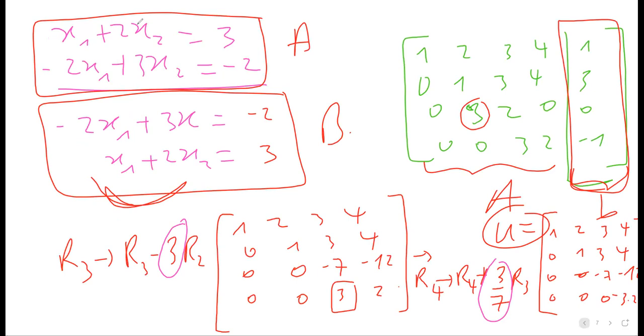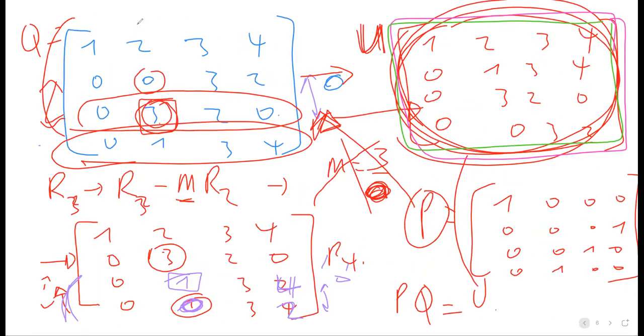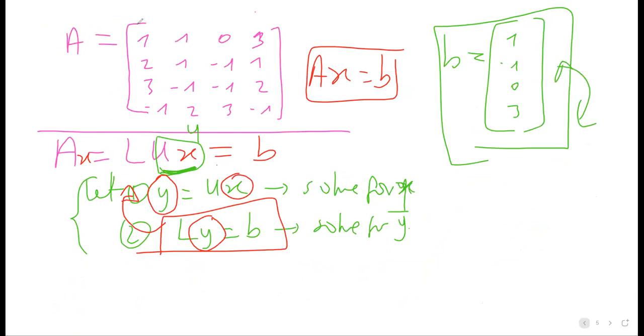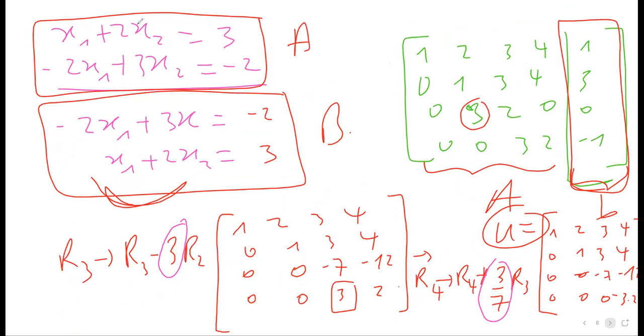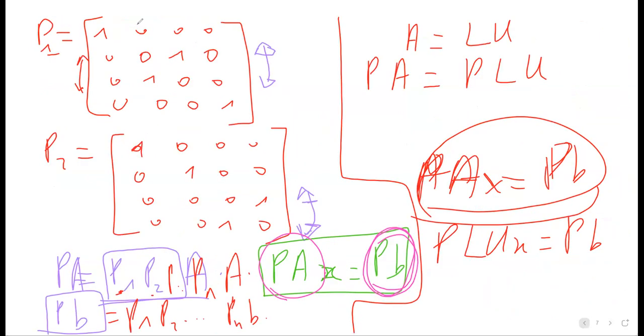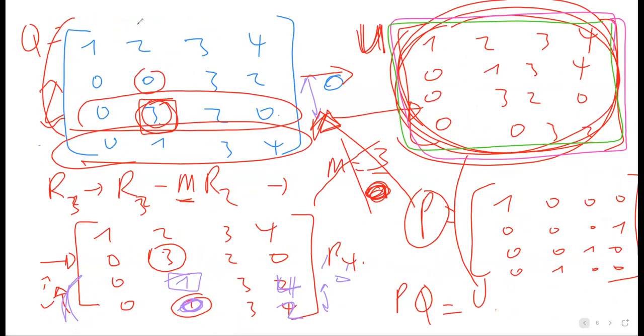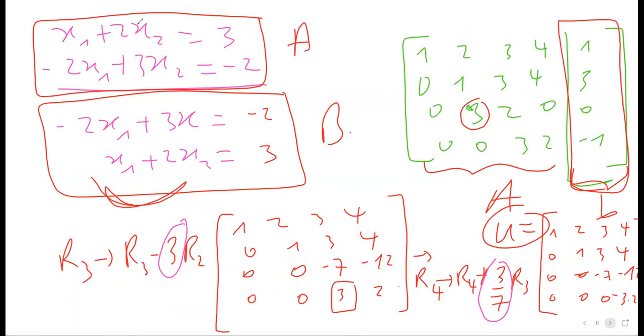And then if we go back, okay, so we just did the L. What are the scalars that were used? We did the change here.